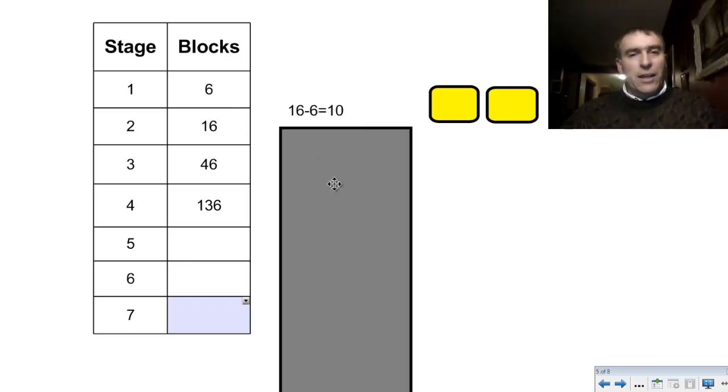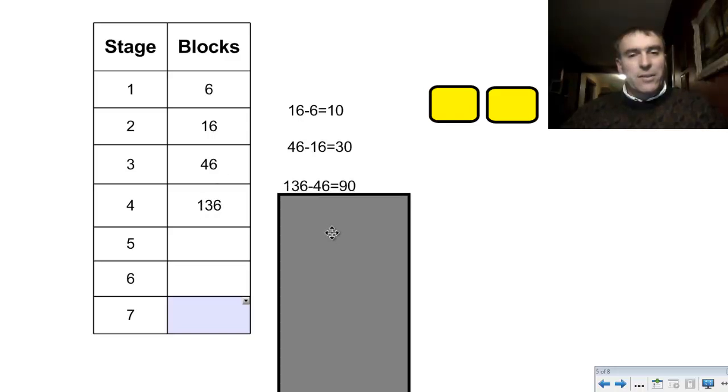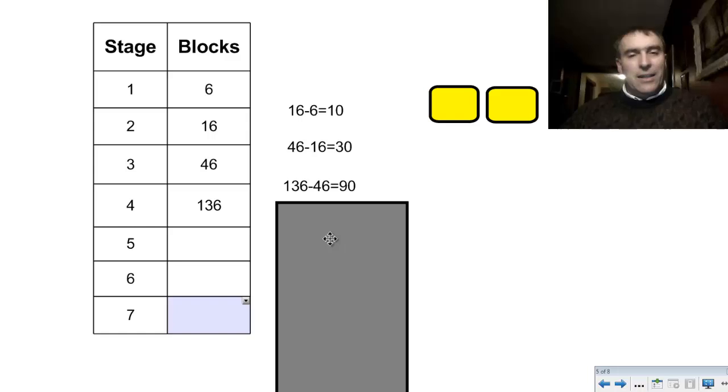And when you do that, you find out it's 10. So that's our first difference. What's the difference between the next two, 46 and 16? You get 30. And the difference between the next two, 136 minus 46, gives you 90. Wow. It's certainly not as easy as 3, 3, 3.